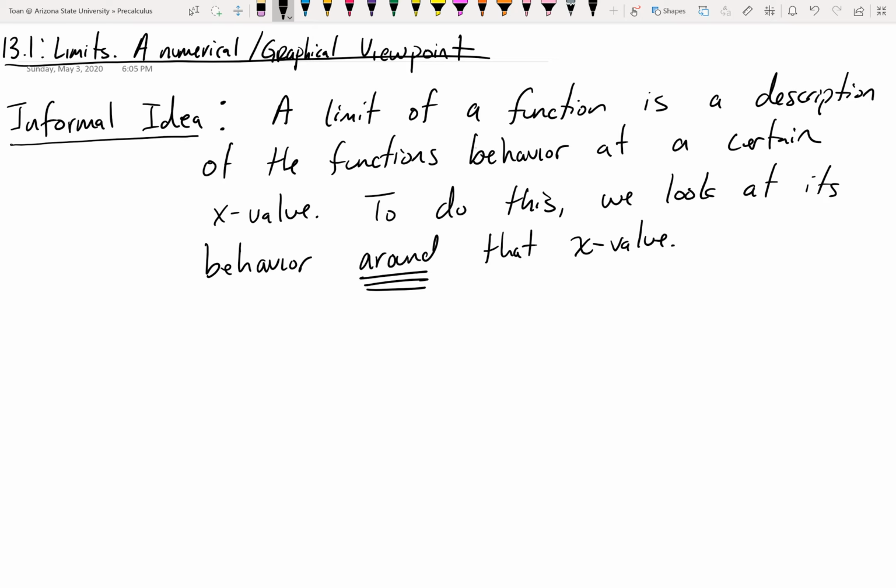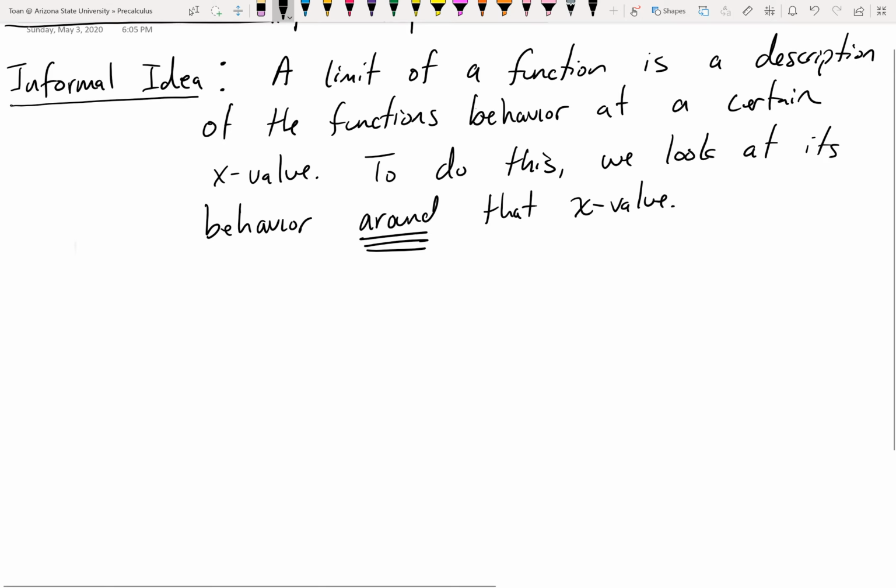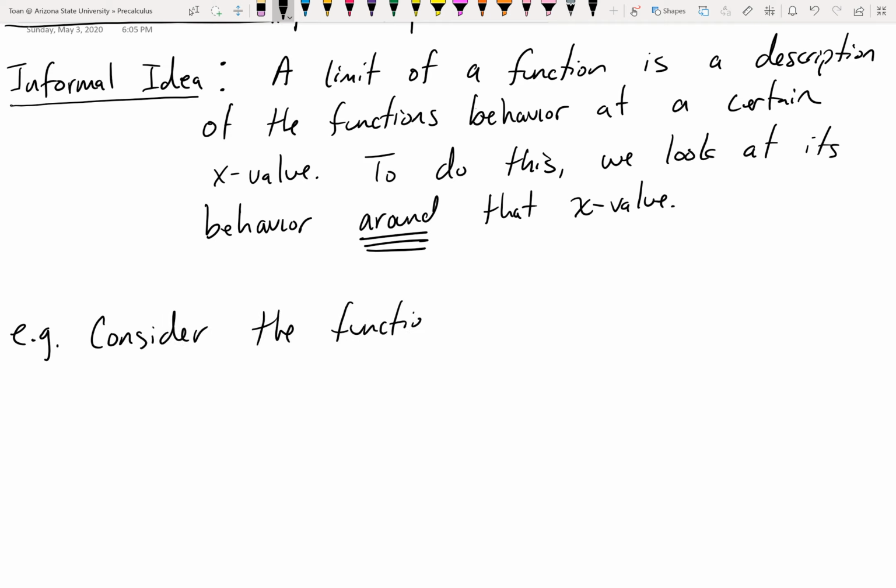I think this will be a lot easier to see with a particular example. So, for example, take a look at this function. Consider the function, say f of x equals, I don't know, x minus 1 over x squared minus 1.